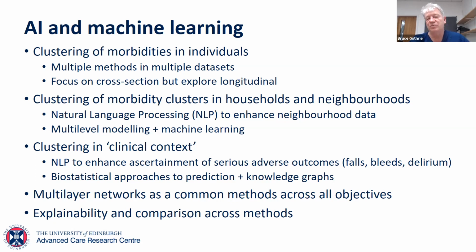We're interested in clustering of morbidity clusters in households and neighborhoods. People who live together share many lifestyle factors, and people who live in neighborhoods share a bunch of social determinants of health. So that's got a mix of things. One is using natural language processing to enhance neighborhood data. It's pretty easy to say that you've got green space near your house.